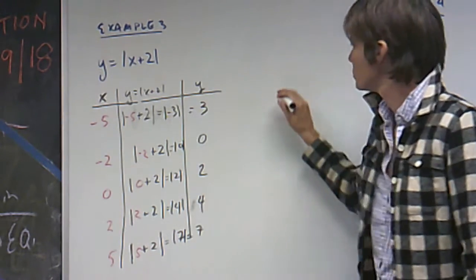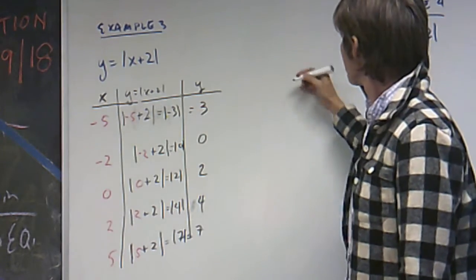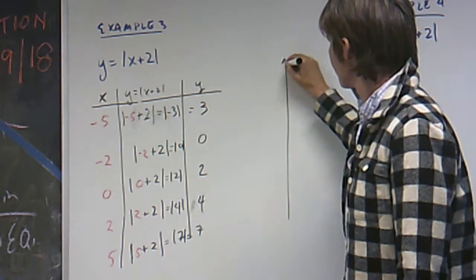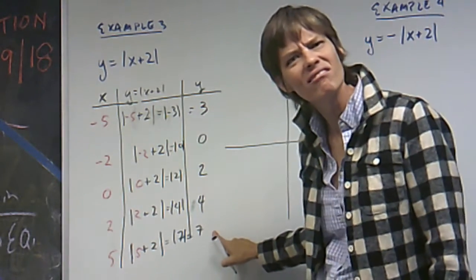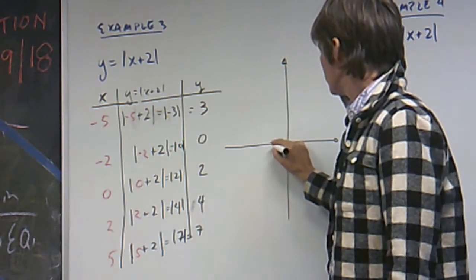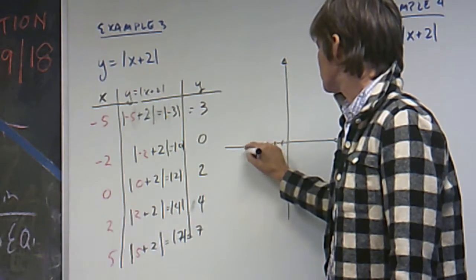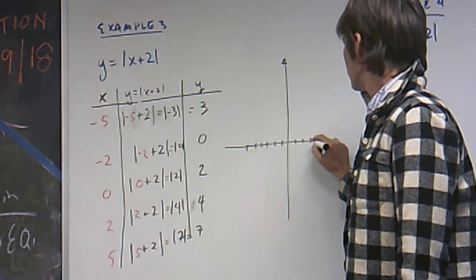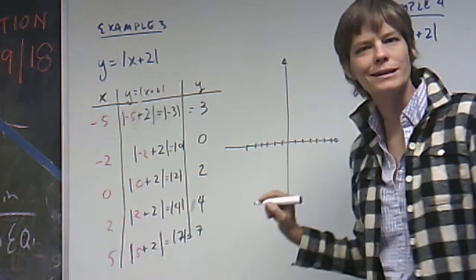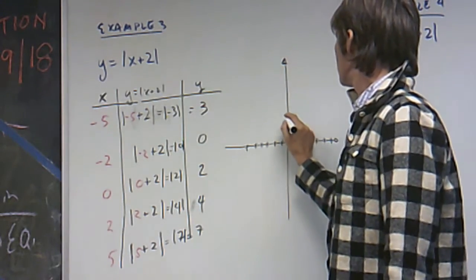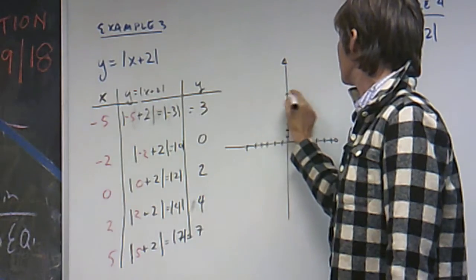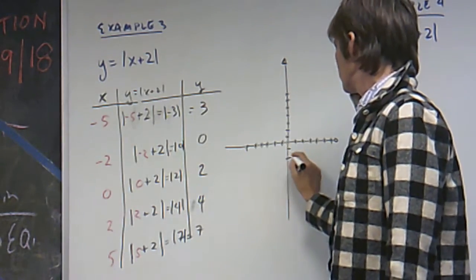So I'm going to plot these points. Oh my goodness, I have to go all the way to 7. 1, 2, 3, 4, 5, 6. 1, 2, 3, 4, 5, 6. I'm doing it tiny. We'll zoom in later. 1, 2, 3, 4, 5, 6, 7. 1, 2, 3.